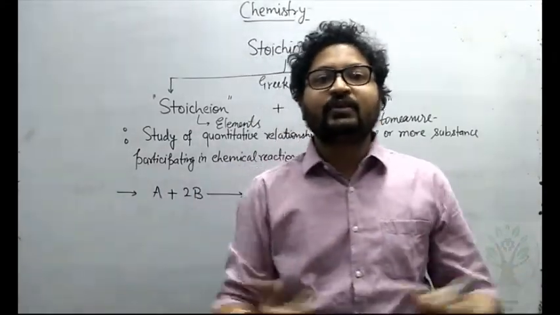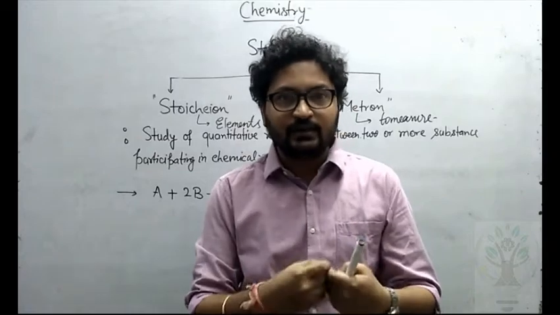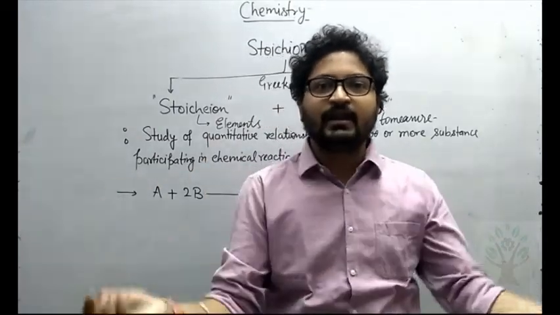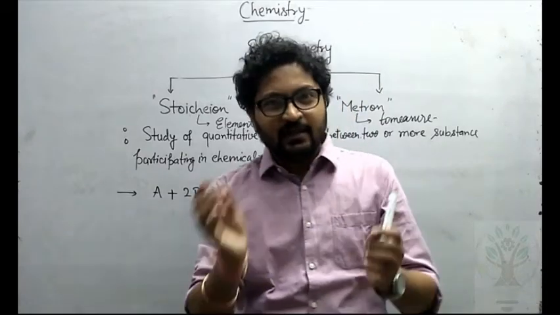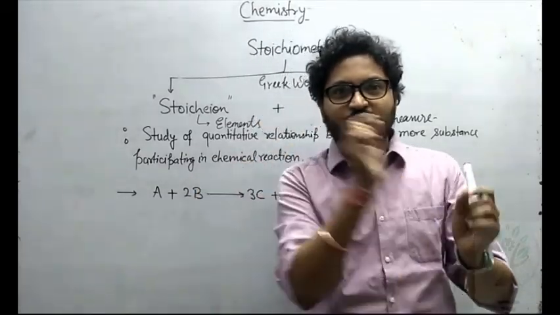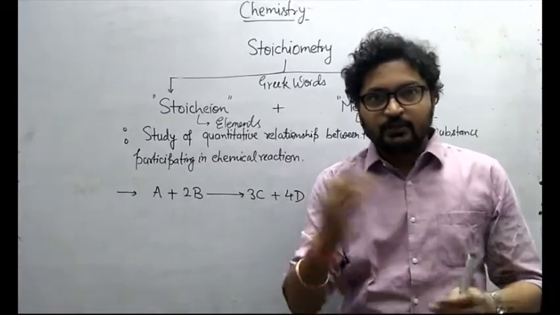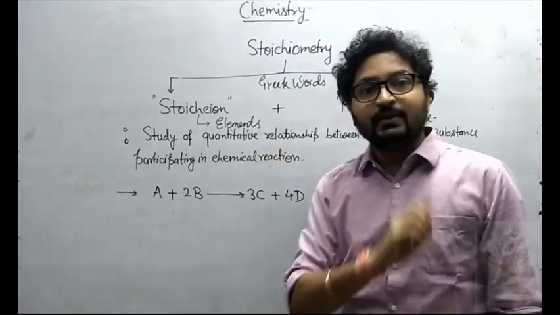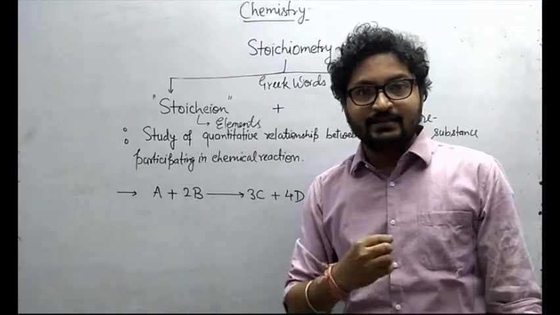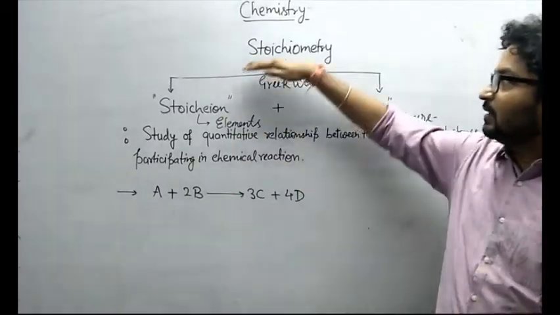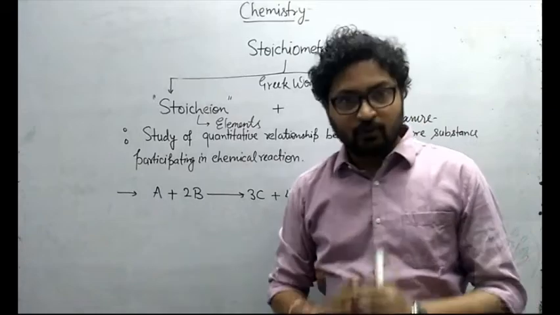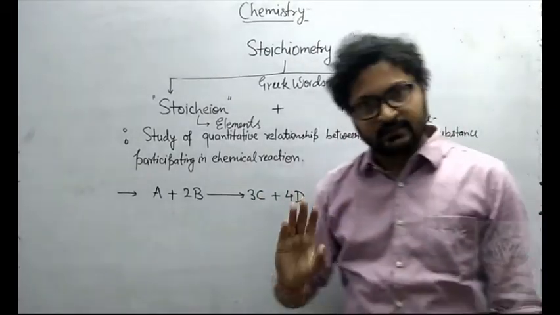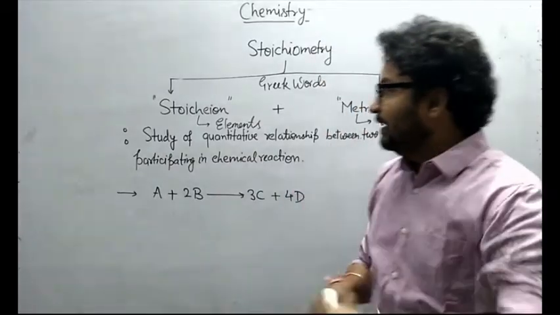We want to relate them quantitatively, meaning the amount of X required to react with Y amount of Z, like that. We need to measure the quantity of one with respect to another. This relationship between the quantities of those elements is measured under the branch of chemistry called stoichiometry. So in stoichiometry, we simply measure elements. Is this clear?